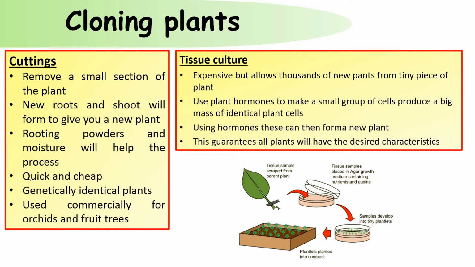It is expensive, but it allows thousands of new plants to be grown from one tiny piece. You need to use hormones to make the small group of cells produce a big mass of identical plant cells, which guarantees that you will have the desired characteristics of the plant that you start with.